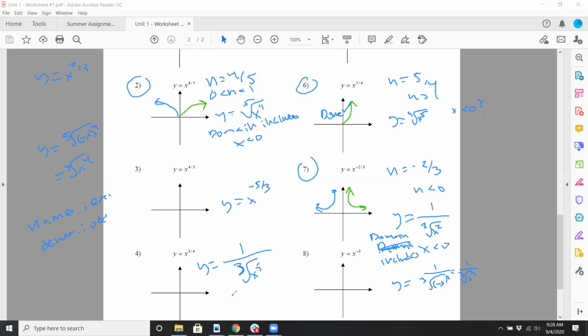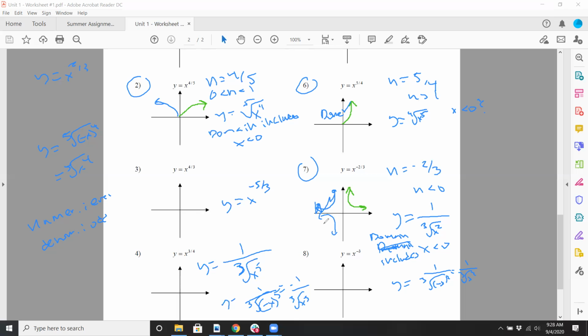Now, if I were to replace x with negative x, what happens when you raise negative x to the 5th power? Does that stay positive or become negative? Negative. Exactly right. So now that's an odd function because the sign changed. Everything else looks the same. So I would then have to do this.